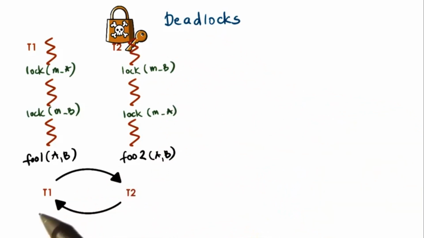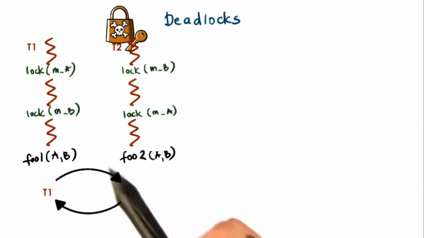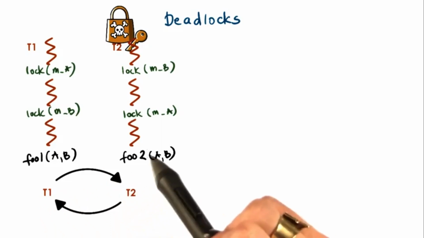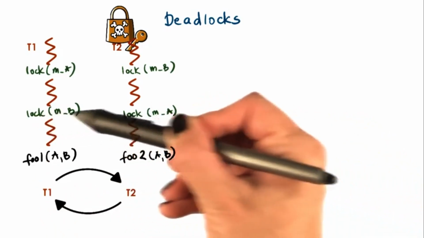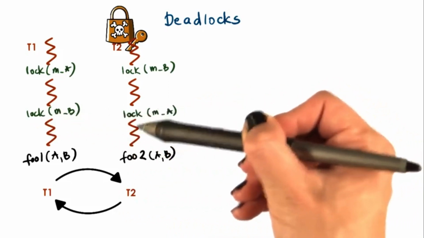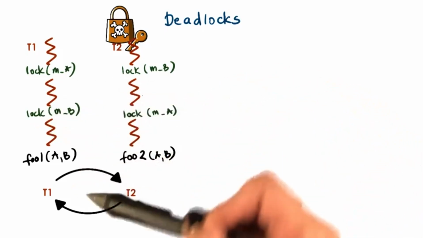The two threads are waiting on each other in a cycle. Neither one of them will be able to get to the foo operation. Neither one of them, in fact, will be able to execute the second lock operation. They'll keep waiting on each other, and we'll have a deadlock.